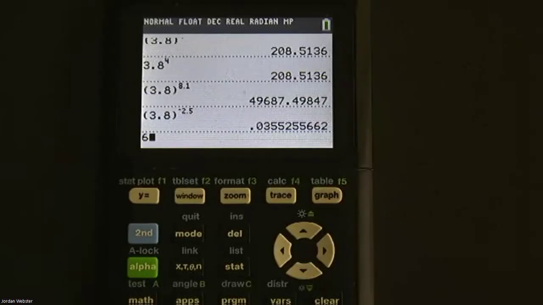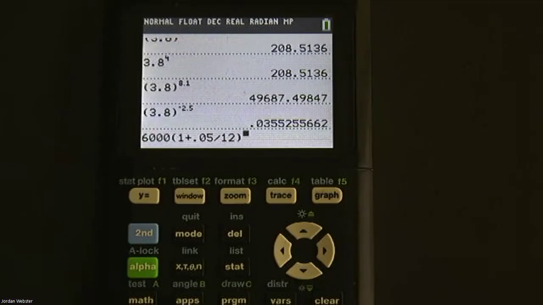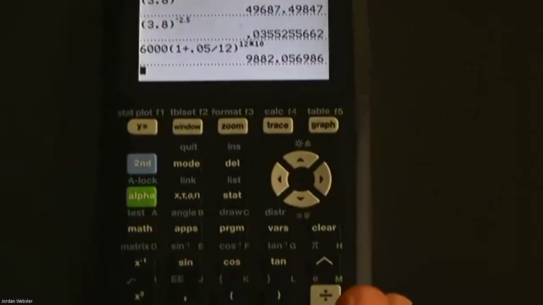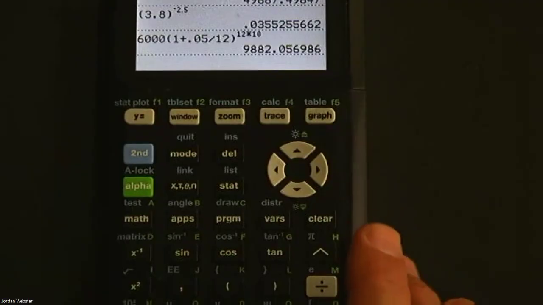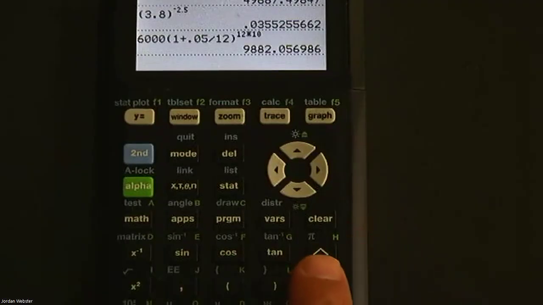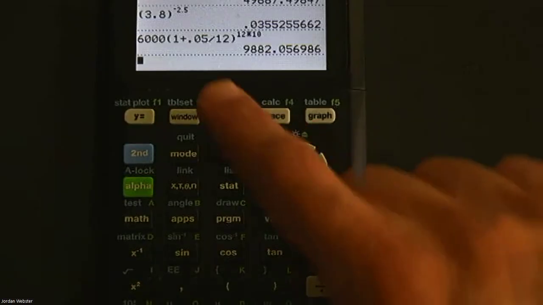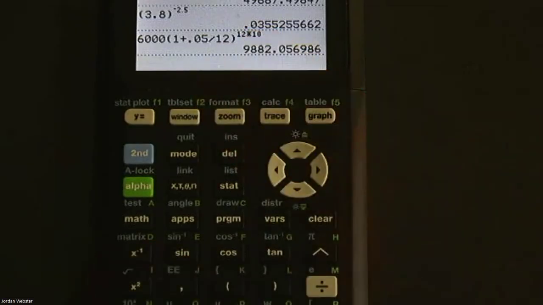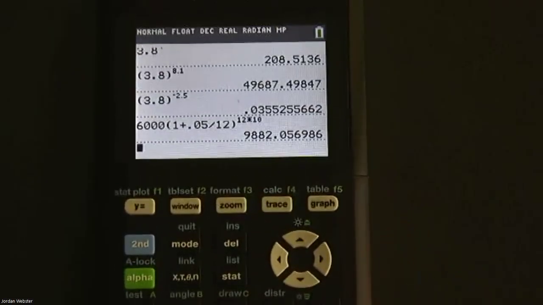So on my calculator, I would make sure to put parentheses around 1 plus 0.05 divided by 12, and then hit the caret, and then hit 12 times 10 in the exponent. With the math print version of this, it becomes really nice because when you hit the caret key, it indents your exponent and you get the 12 times the 10 inside the indent.